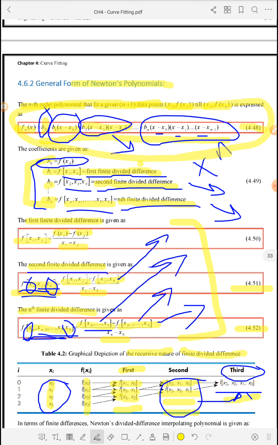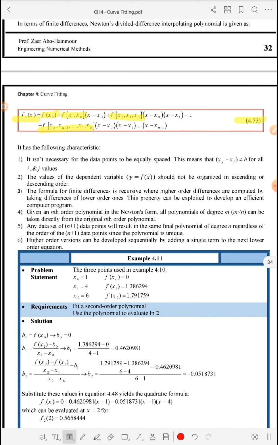Now we'll express this equation in terms of the divided differences, as written in equation 4.53. As I mentioned previously, this is a constant term. This will add linearity, the first order power of x. This will add x to the power 2 to the previous one. This will add x to the power n to the previous terms.